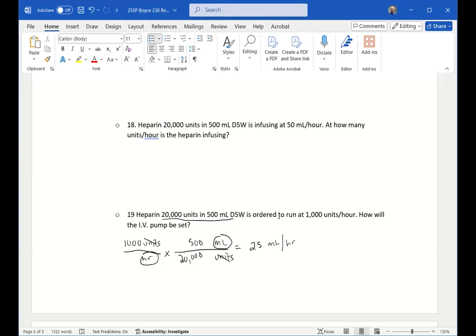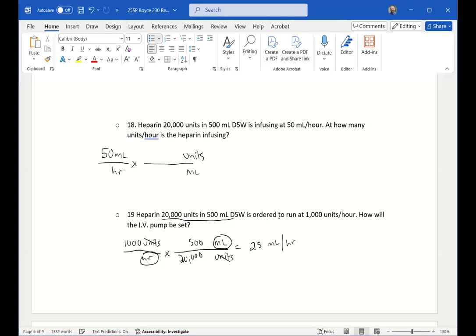I don't know that you're doing this in real life or not, but it's a way to get you thinking. But I'm going to take my 50 mil per hour and I'm going to convert. Down here, when I did number 19, I was looking at how I can convert units to milliliters. Here, I want to convert milliliters to units.